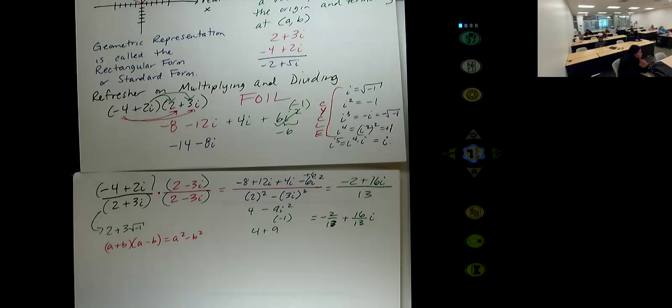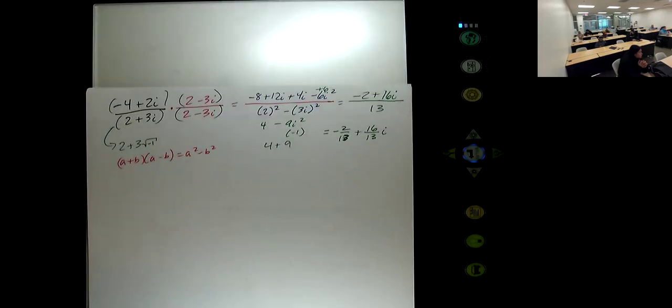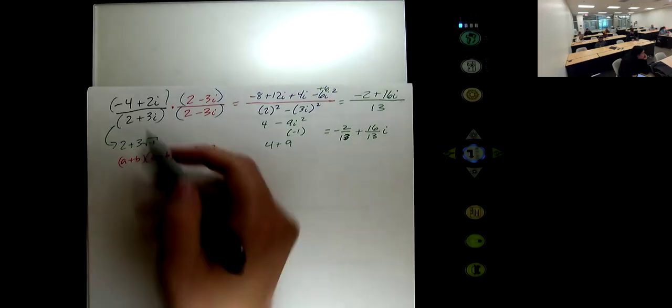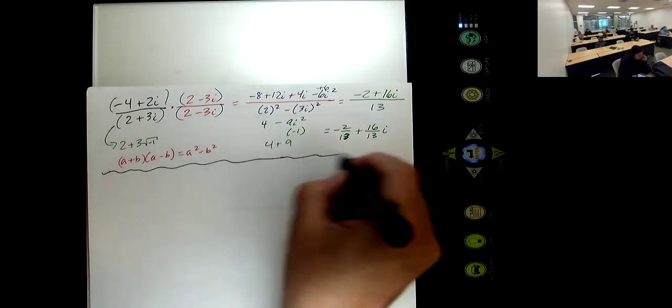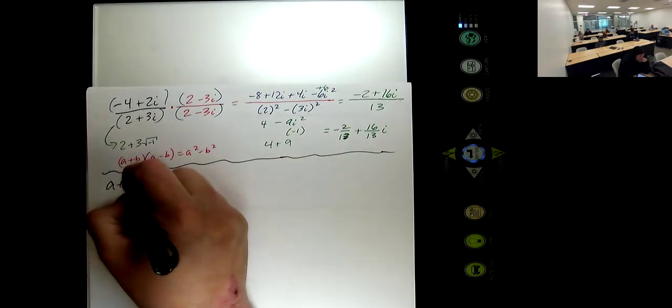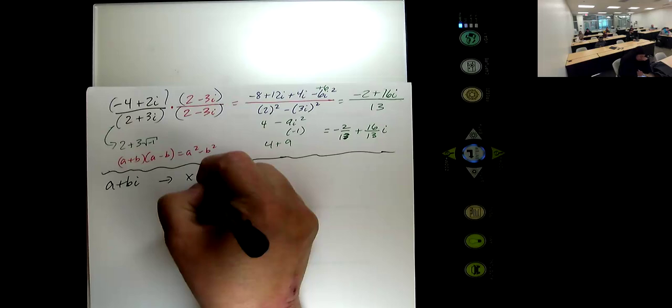Let's look at this in terms of trigonometric form or polar form. A plus bi is kind of like the same thing as x plus yi.